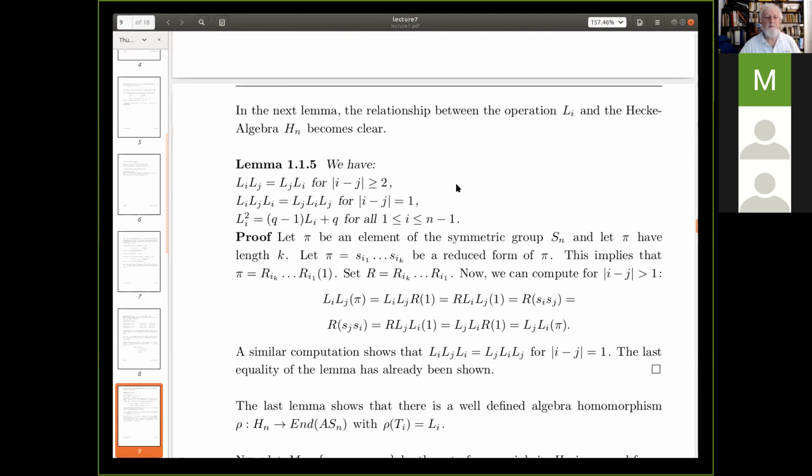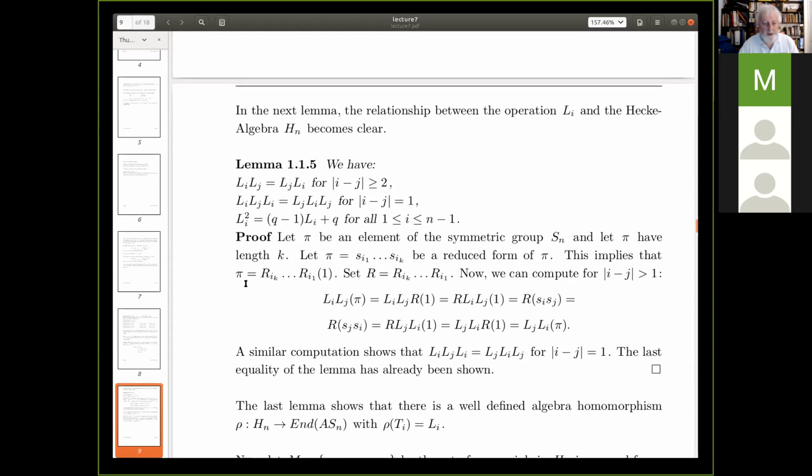Right. So we've proved that, now we want to prove these relationships for the Li. So let pi be an element of the symmetric group Sn, and let pi have length k. Okay, so we'll write pi as Si1 up to Sik, and so that's in reduced form.